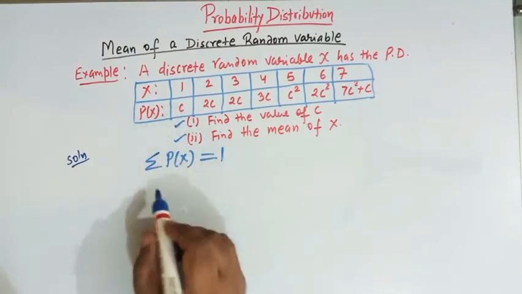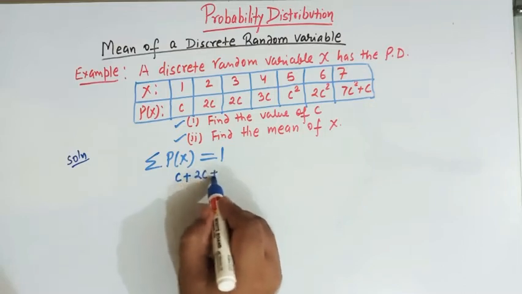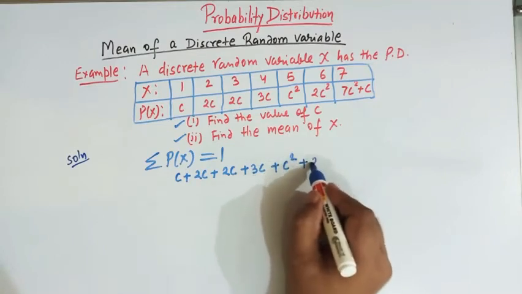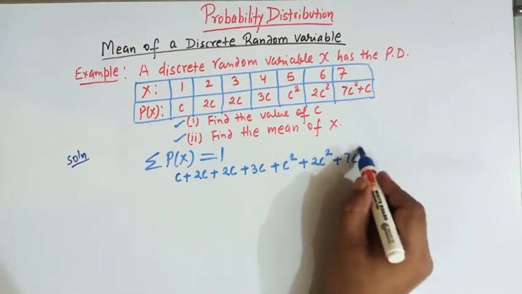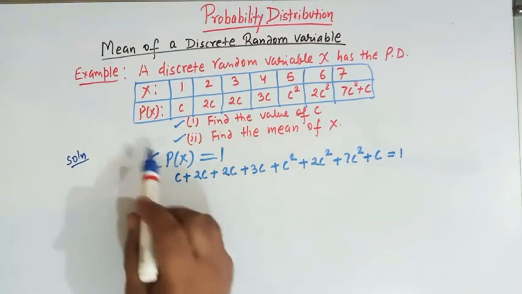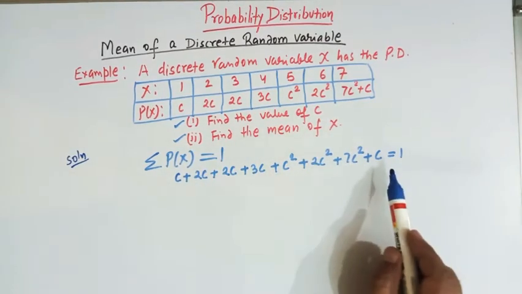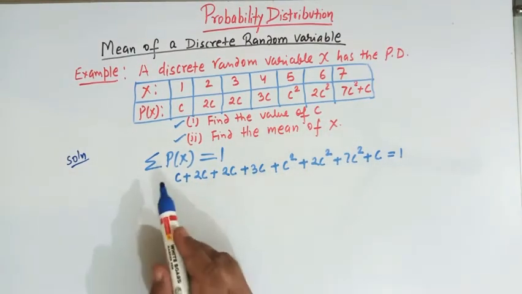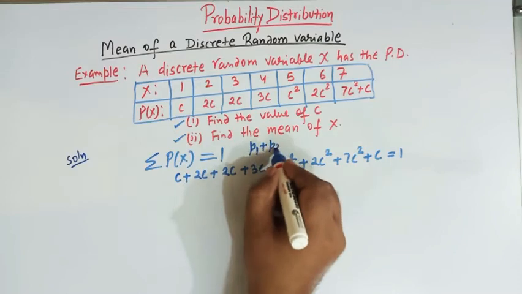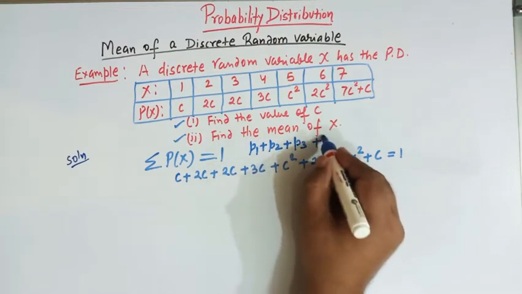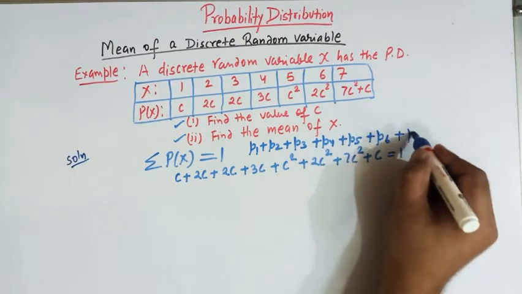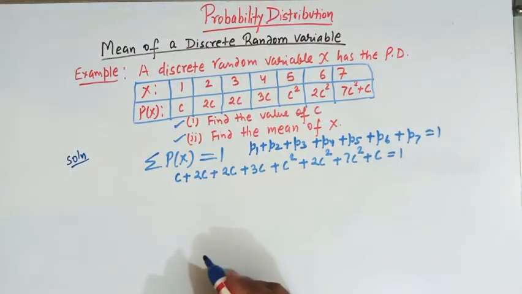So we'll have c plus 2c plus 2c, then we have 3c, then c square, then 2c square, then 7c square plus c must be equal to 1, right? Because all the probabilities should sum to 1, right? So if we take it as P1, then P1 plus P2 plus P3 plus P4 plus P5 plus P6 plus P7 must be equal to 1, right?